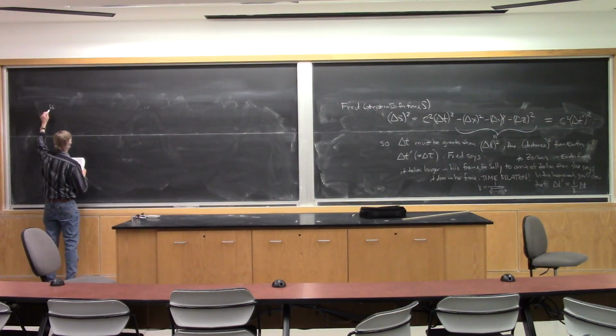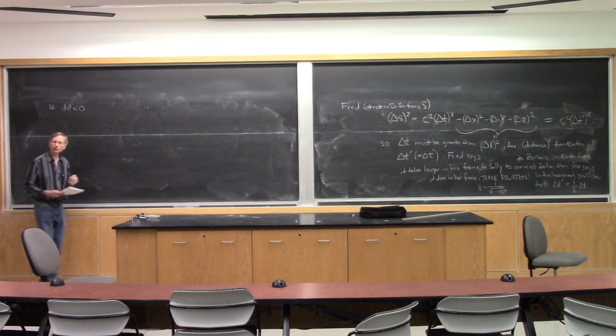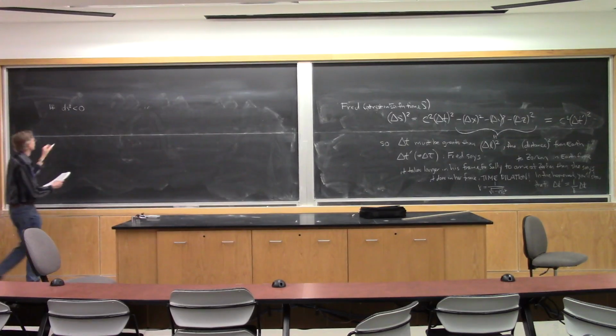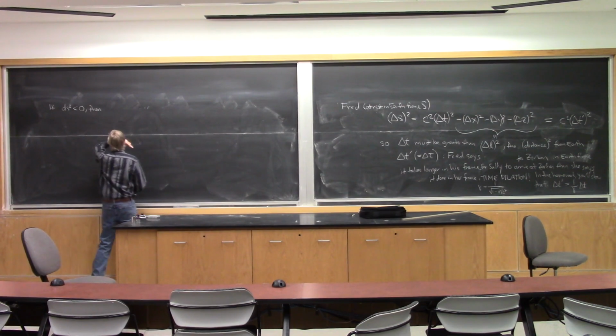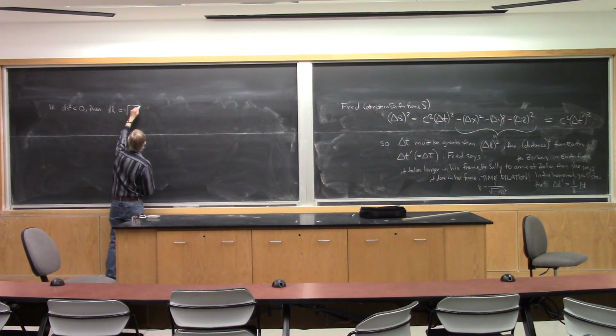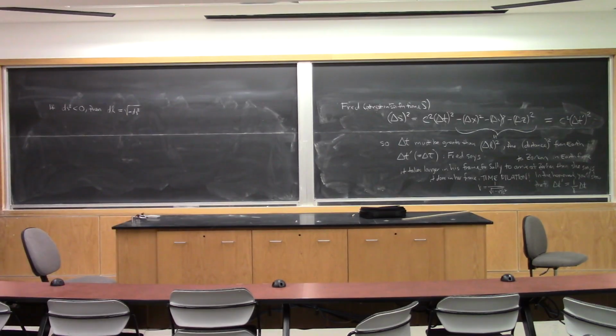Now, one thing I should add is that if ds squared is less than 0, which can happen, then the interpretation of ds squared is that dl is the square root of minus ds squared. I need the minus because ds squared itself is less than 0, so I don't want to take the square root of something negative; minus ds squared would be positive.